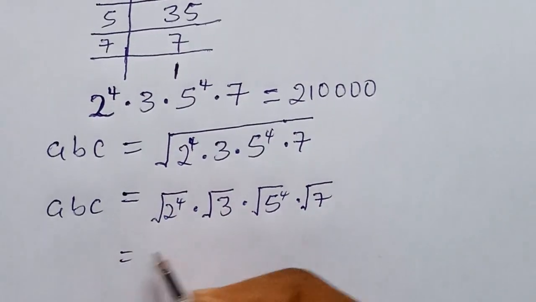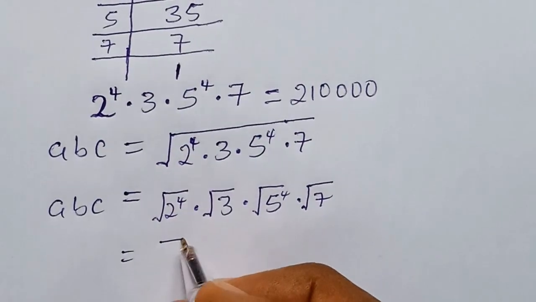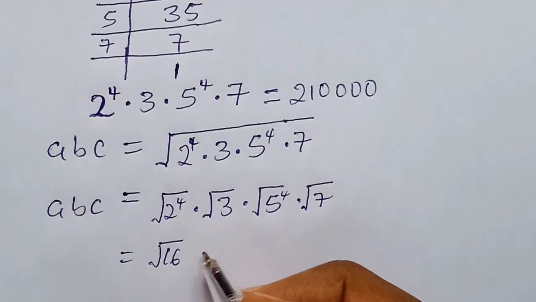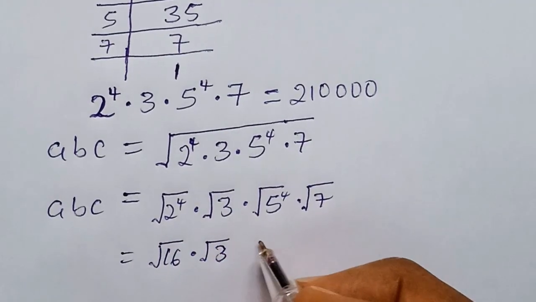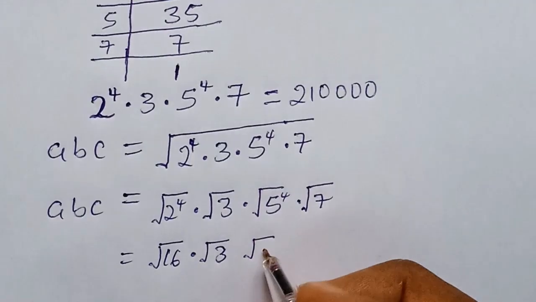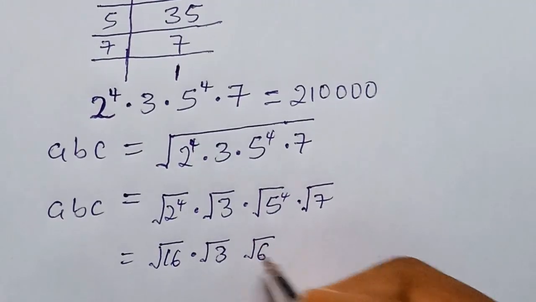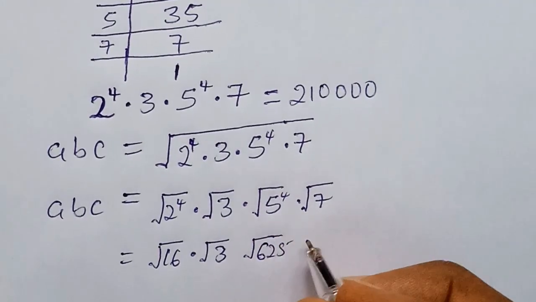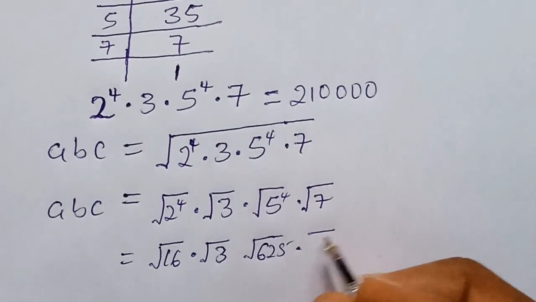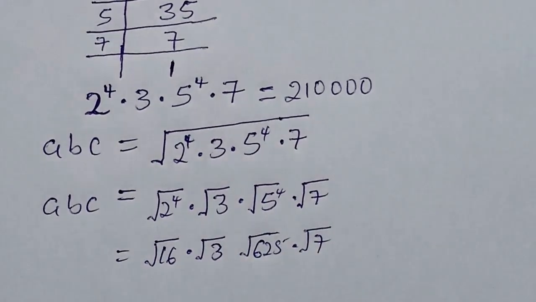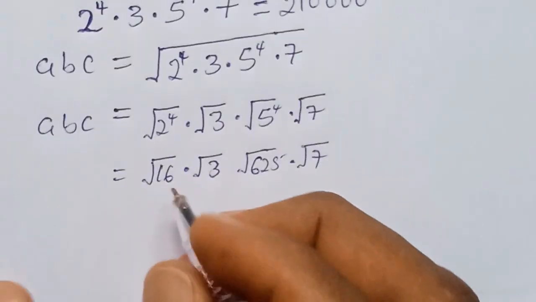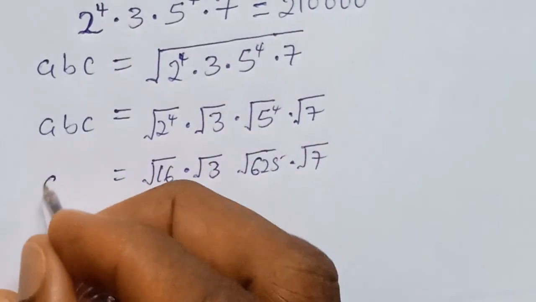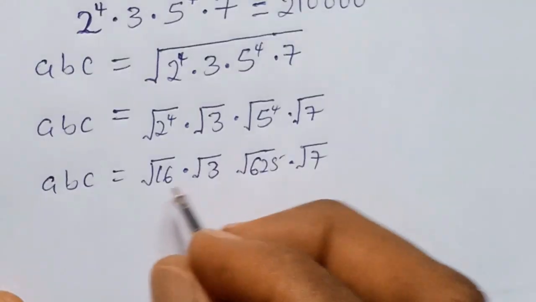So I'll consider this. This gives me square root of 16 multiplied by square root of 3. This also gives me square root of 625 multiplied by square root of 7. So now I have this to be ABC.